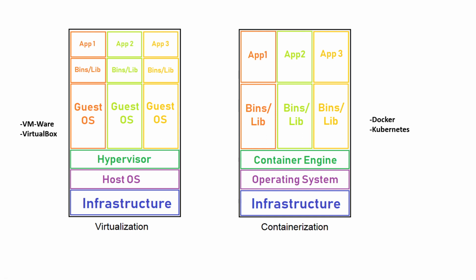So for example, we are on a Windows machine. Let's say it is Windows 11. And we are creating a virtual machine that uses a Linux OS. And we are also creating another virtual machine that uses maybe Windows 95 for whatever reason. So what we now have are two guest OS, one being Linux, one being Windows 95.